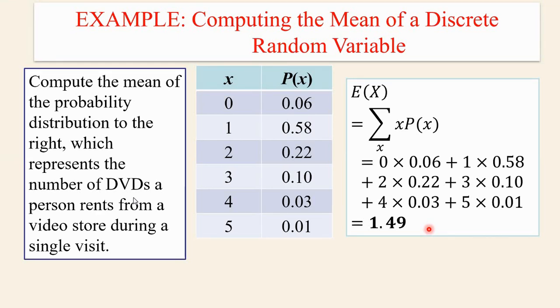Now, as a mean value, 1.49, think of it as a mean, then write the interpretation in the chat box.